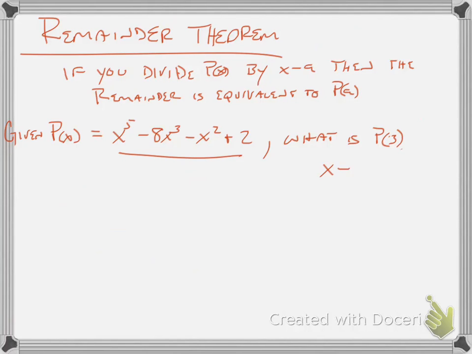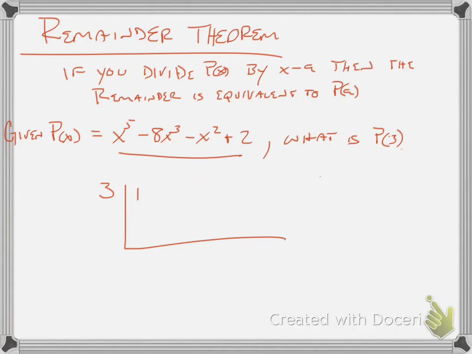So I'm going to use synthetic division, but this time this is the x value, the number I use outside the box, the 3, I don't use the opposite, and that's the big difference.